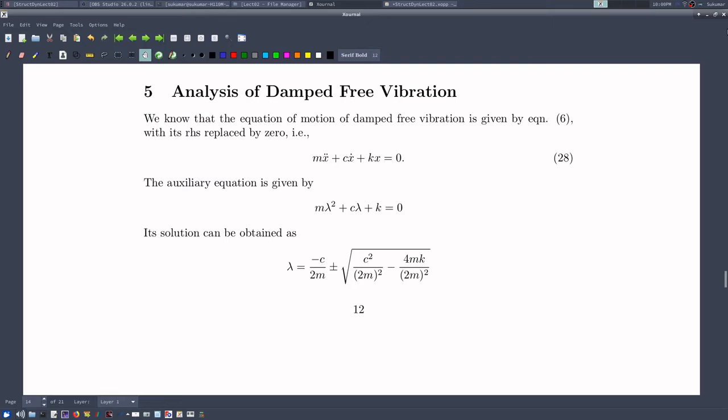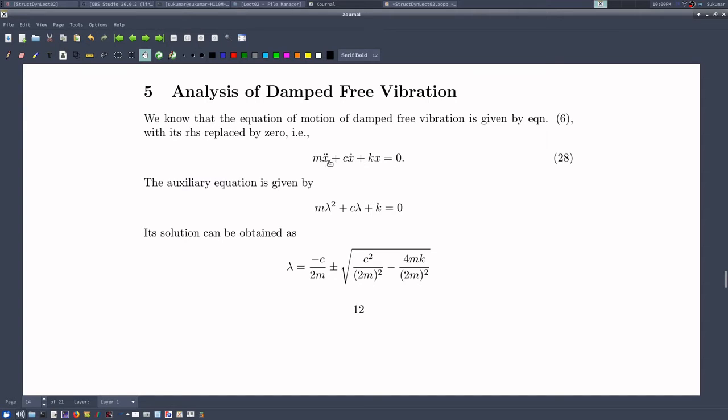So next, let us see the analysis of damped free vibration. And you are already familiar with the equation of motion of a single degree of freedom system subjected to damped free vibration. As you see, we have the damping term here, and the right hand side is 0 because it is free vibration.